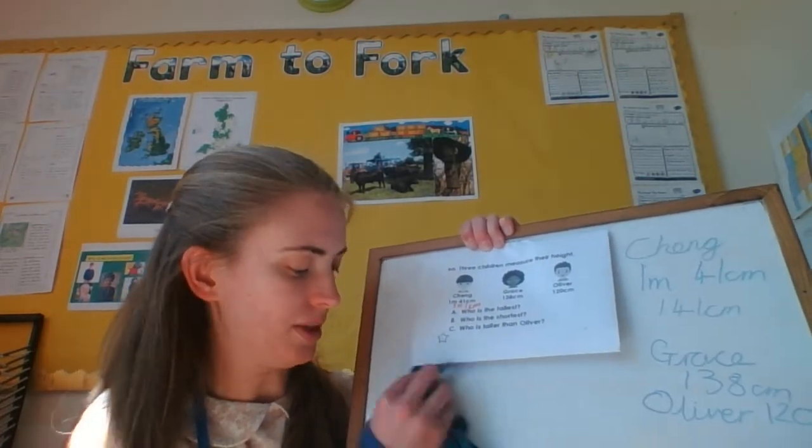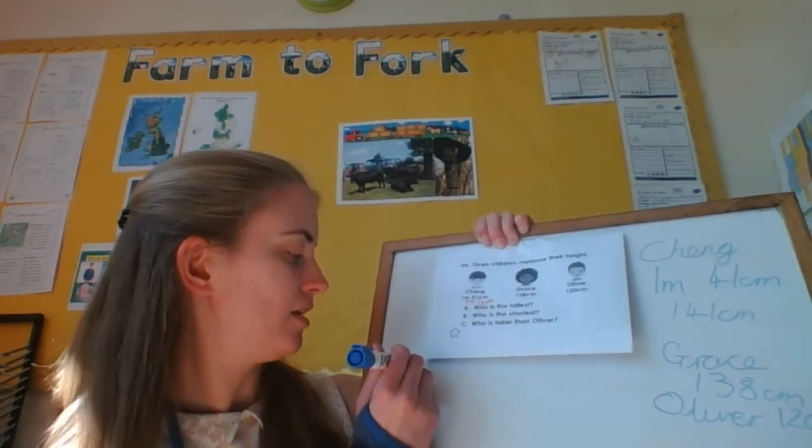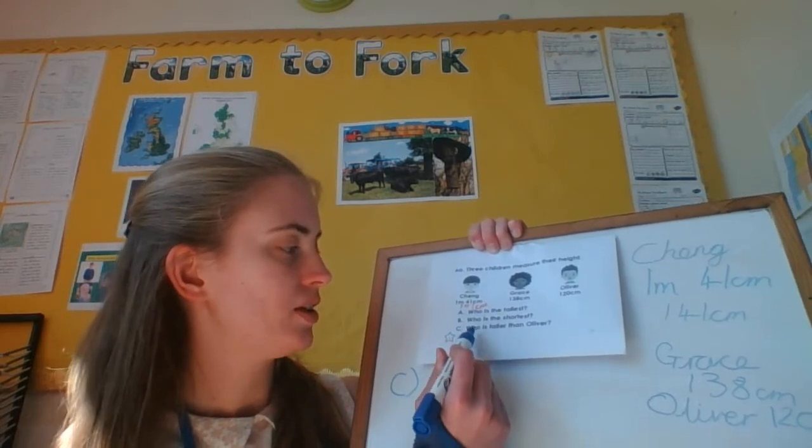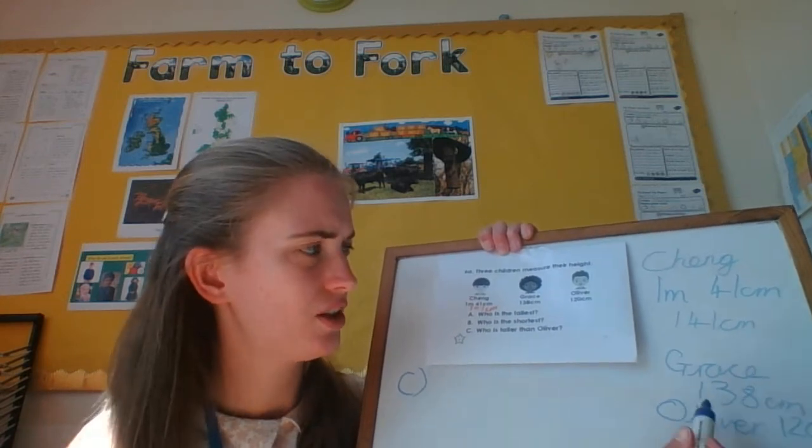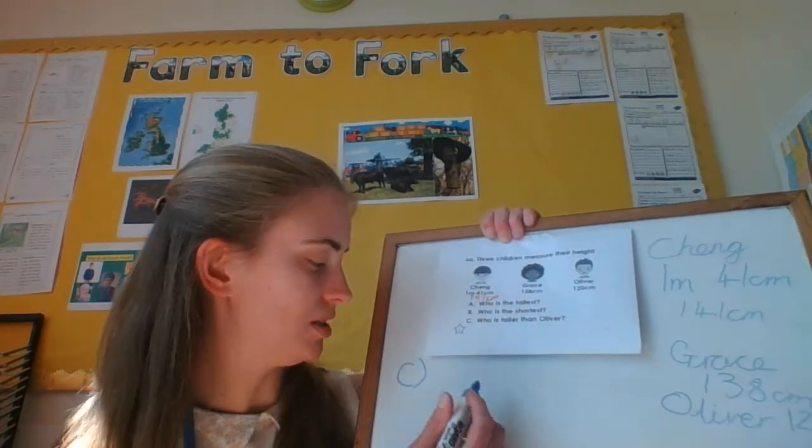Now I need to do question C. So C, bracket. Who is taller than Oliver? Well, Oliver was the shortest. So Grace and Cheng are taller than Oliver because he was the shortest.